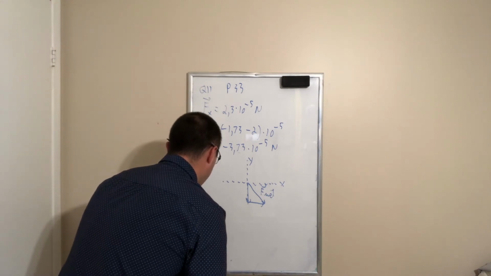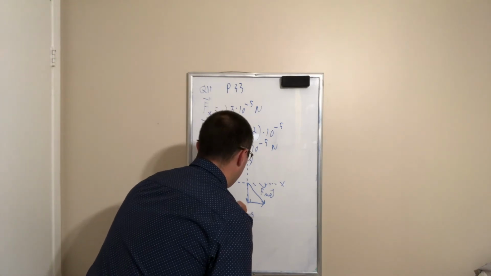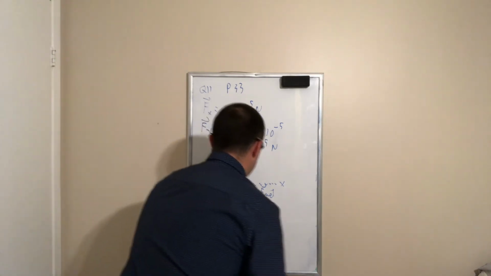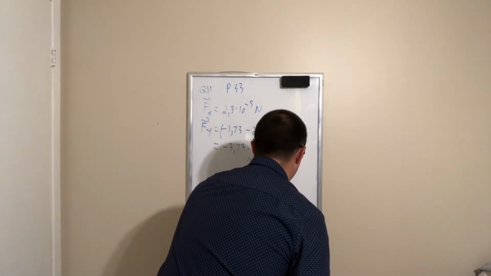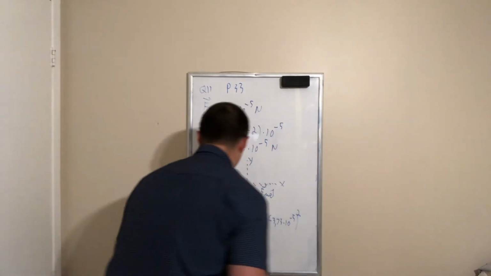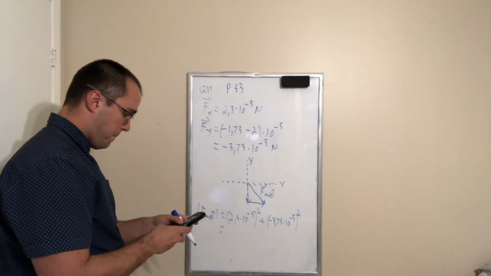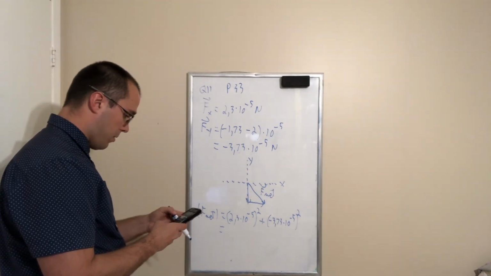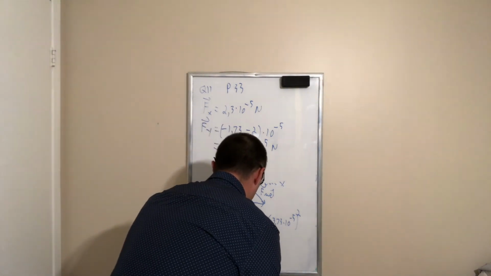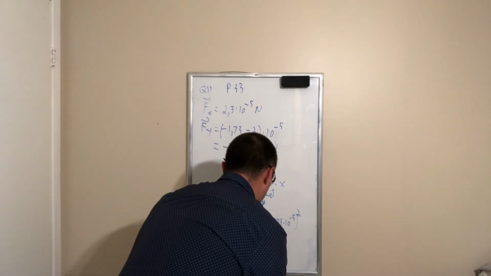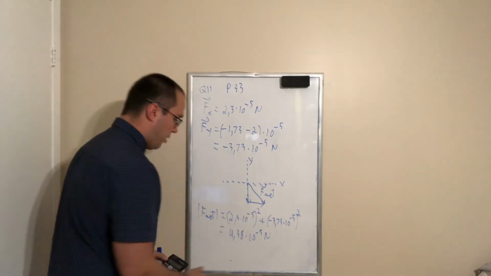F net, magnitude, it has to be 2.3 multiplied by 10 minus 5 squared plus minus 3.73, and all of this is squared, and we get a magnitude of, in my calculator, 4.38 multiplied by 10 power minus 5 Newton. That's the magnitude of the force.